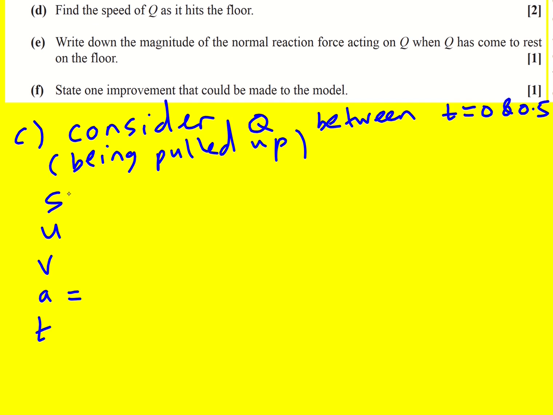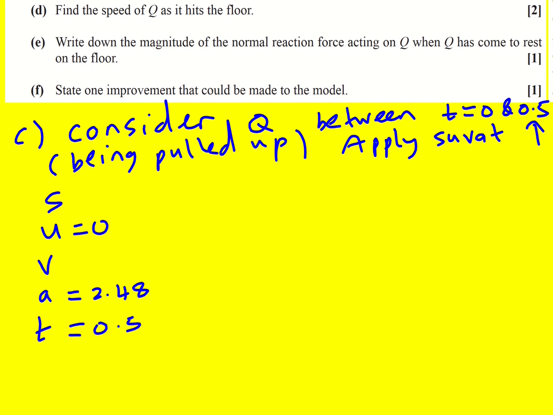So I'm going to apply suvat, and I'm going to say that up is positive. So a, because the acceleration is positive here, a is equal to 2.48. Remember, u is equal to 0 because it was let go when it was at rest. And now the time duration is 0.5 seconds.